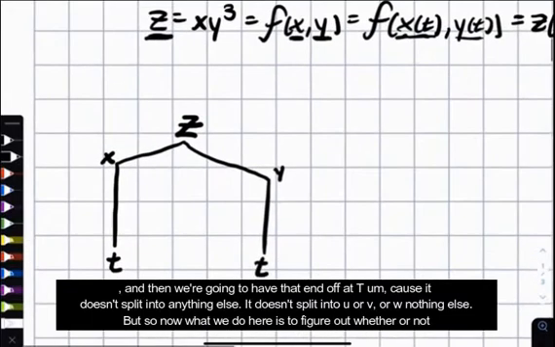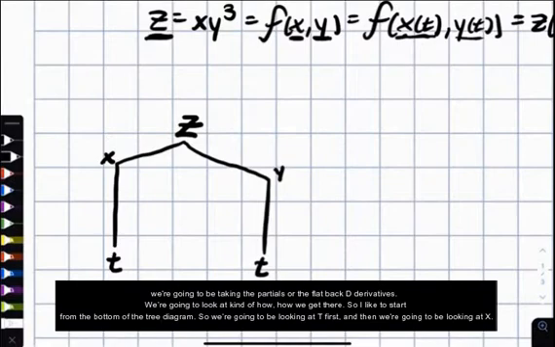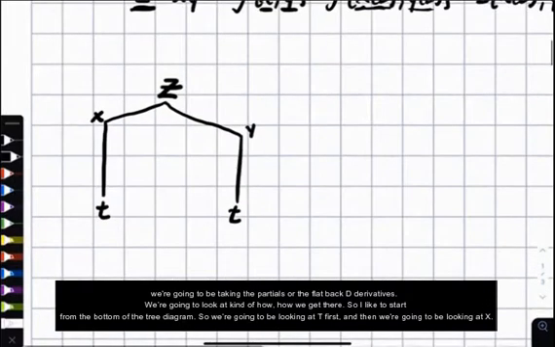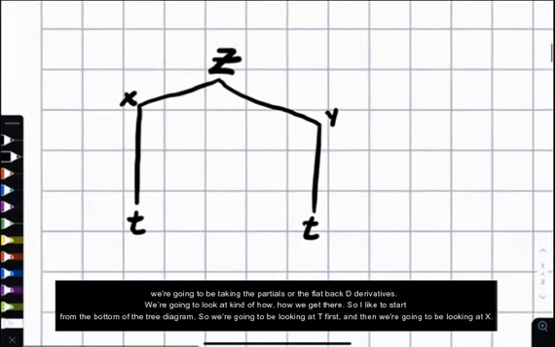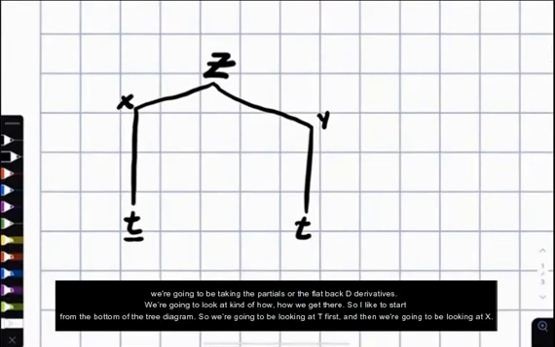Now to figure out whether we're going to be taking the partials or the flat d derivatives, we're going to look at how we get there. I like to start from the bottom of the tree diagram. So we're looking at t first, and then at x.